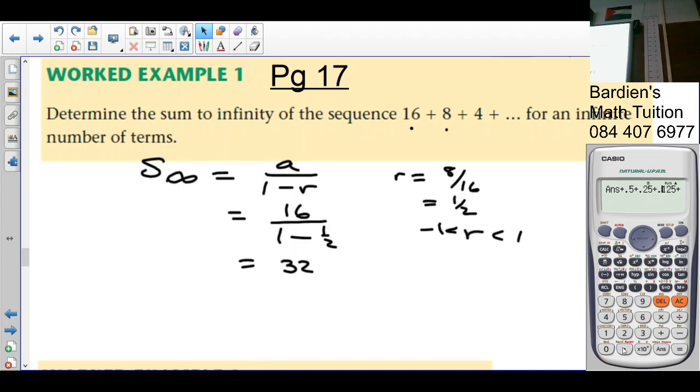Let's see how much we got now. 31.875. So if we add again, plus 1 over 32, plus 1 over 64, I made a mistake somewhere.